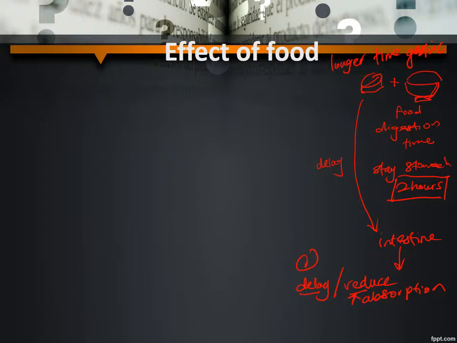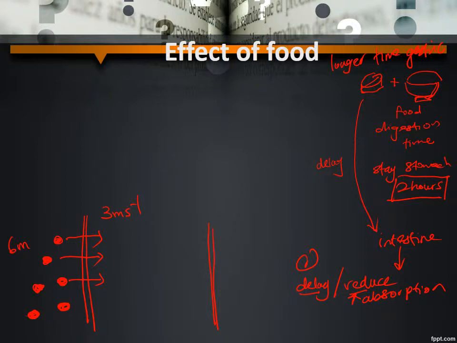Let's say this is an intestine layer, and this is also intestine layer. In normal condition, when there's no food, you deliver the drug very quickly. Let's say now you have six molecules here, and in normal condition they can deliver 3 molecules per second.